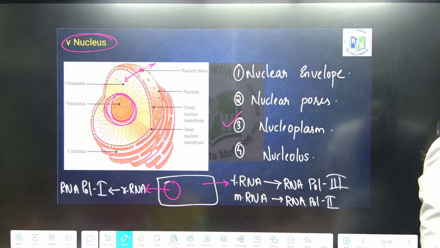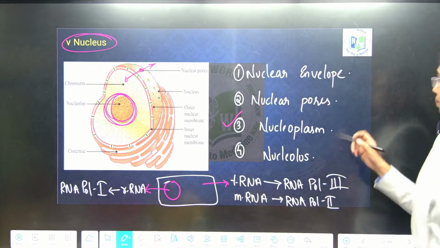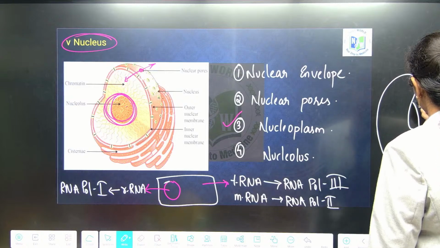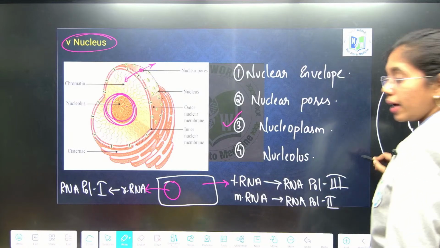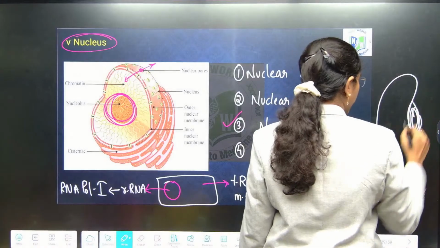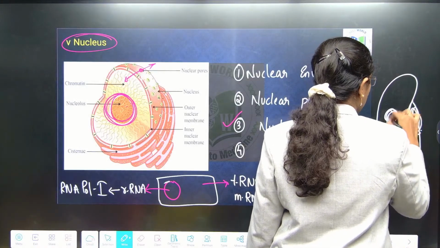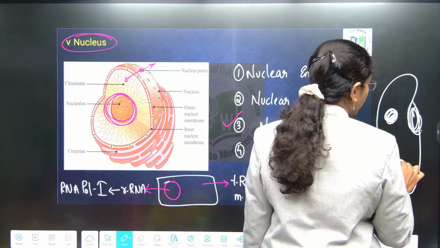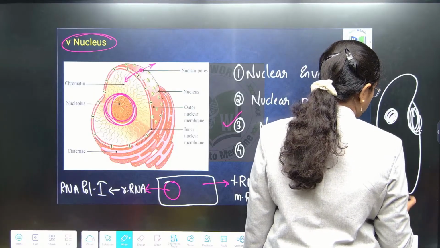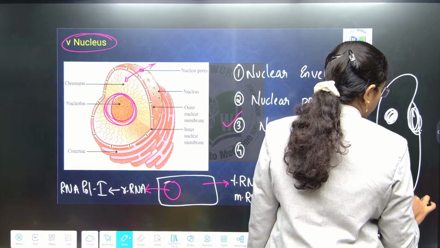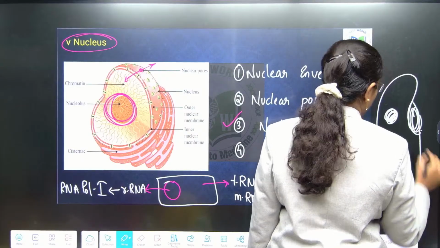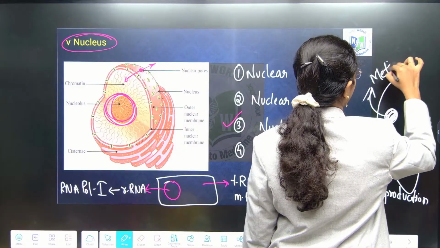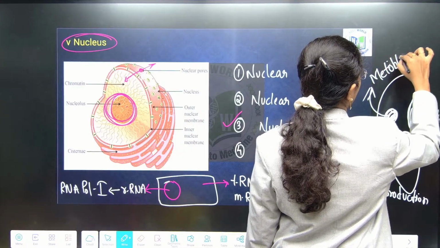If you consider paramecium, food vacuole over here, and it has two nuclei, macronucleus and micronucleus. Micronucleus helps in reproduction, macronucleus helps in conducting the metabolic activities of paramecium.